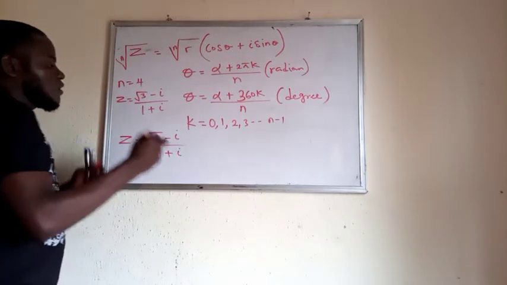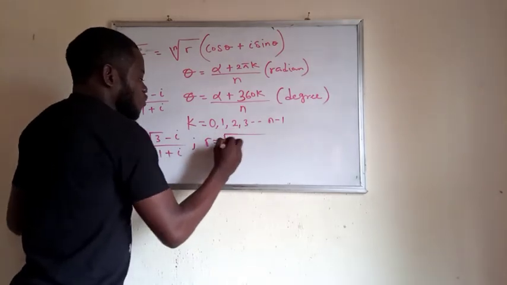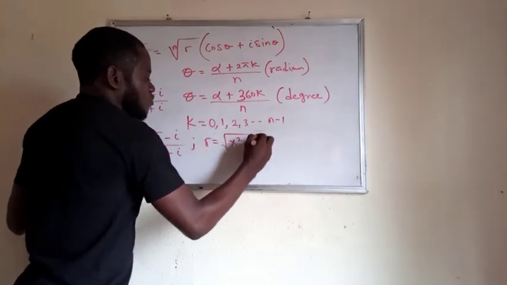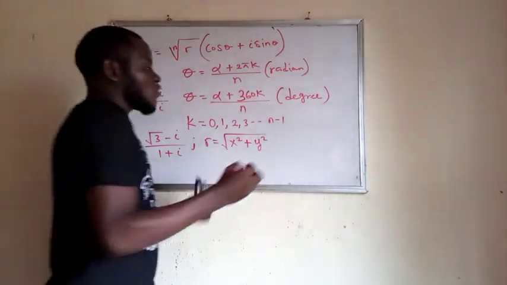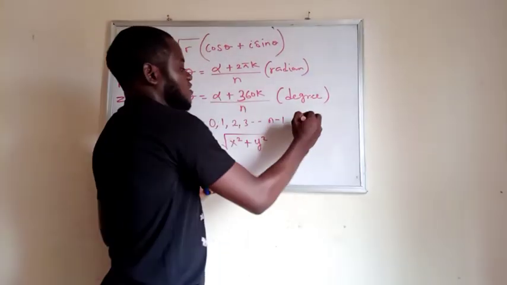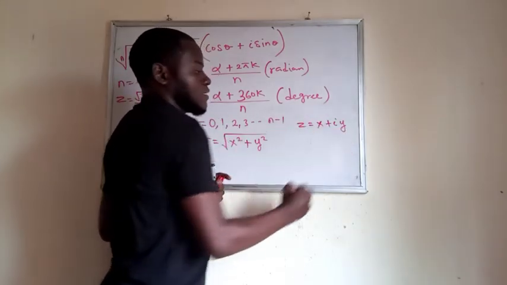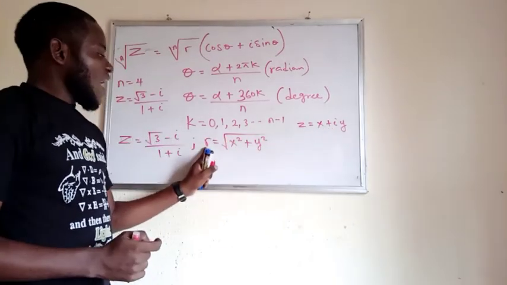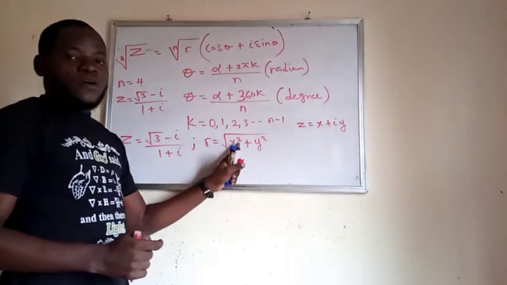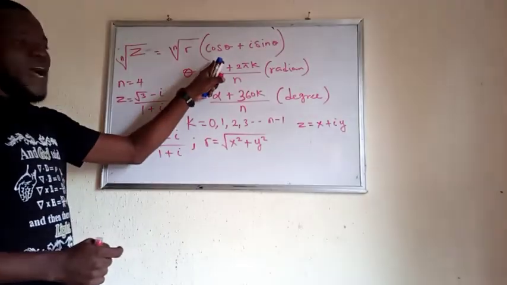Now, the value of r is equal to the square root of x squared plus y squared, if you are given a complex number z equals x plus iy. Now, what about the value of alpha?